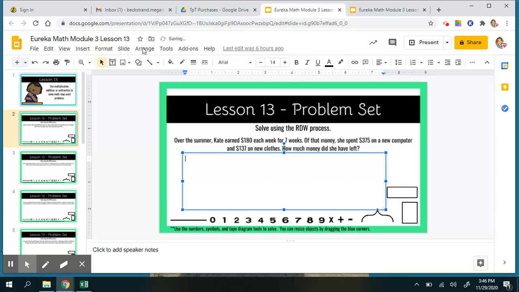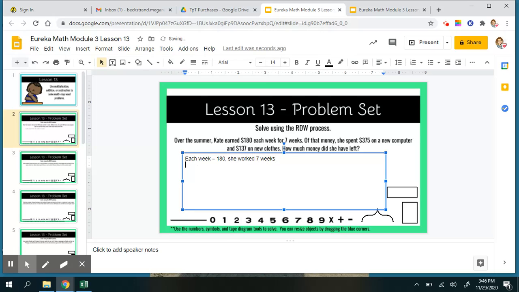Okay. So Kate earned $180 each week for 7 weeks. So that's going to be important. We're going to want to know that. So each week is equal to $180. She worked 7 weeks.